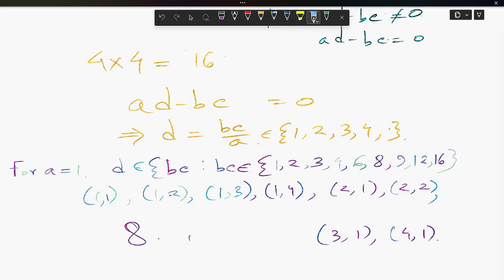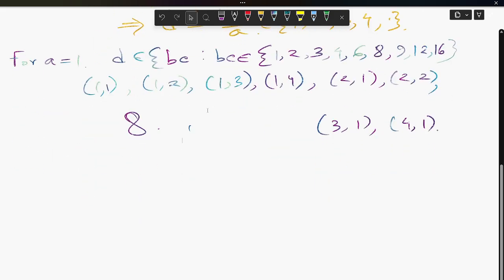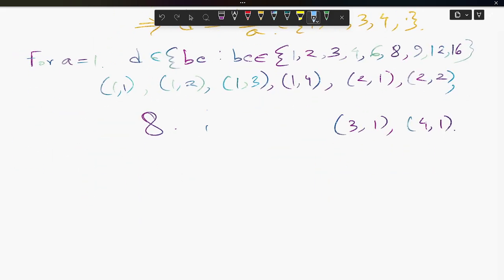Then we will get, for A equals 2, D must be equal to BC by 2, and BC has to be even. Let me write it first so that it will be easier to see.